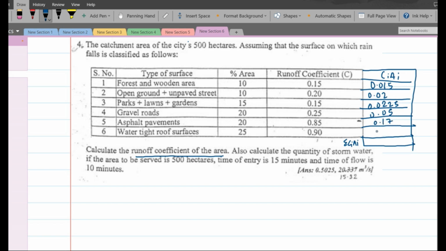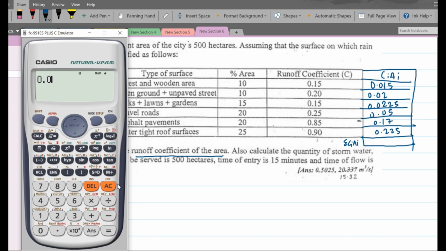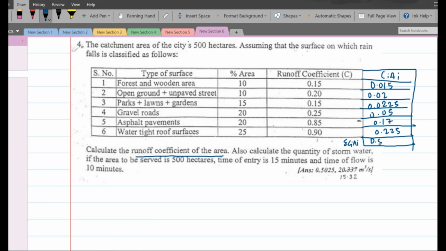And here it will be 0.225. If you add up all these values, 0.015 plus 0.02 plus 0.0225 plus 0.05 plus 0.17 plus 0.225, it will be 0.5025, right? So it will be summation CiAi.